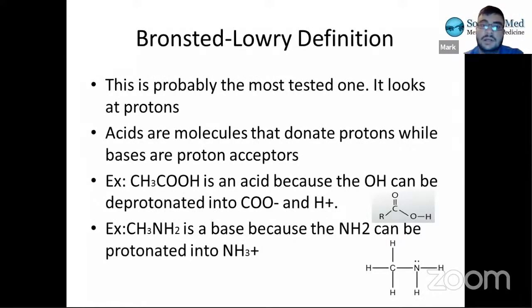Next, slightly more complicated, is the Bronsted-Lowry definition. This is probably the one that's most tested and the most common one that you'll be seeing, and it focuses rather on protons. So acids are molecules that donate protons, while bases are proton acceptors, right?